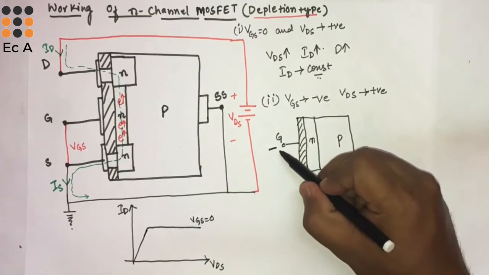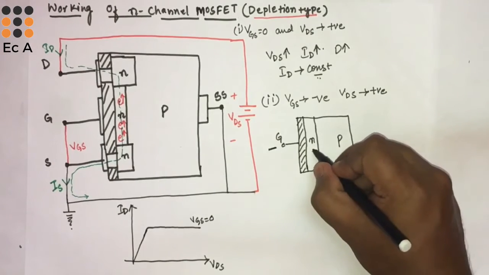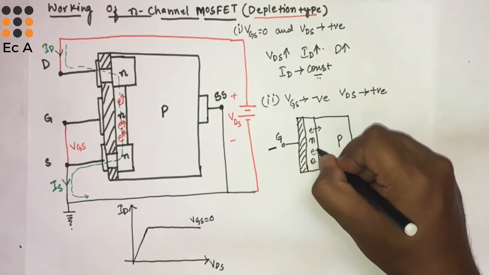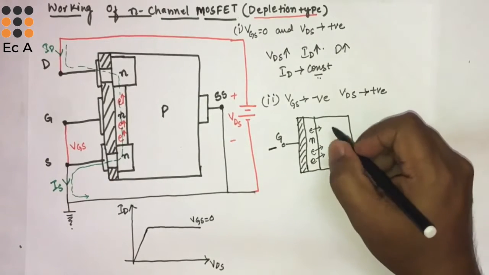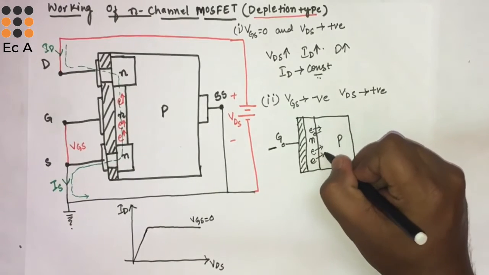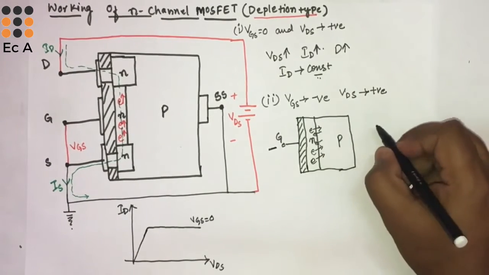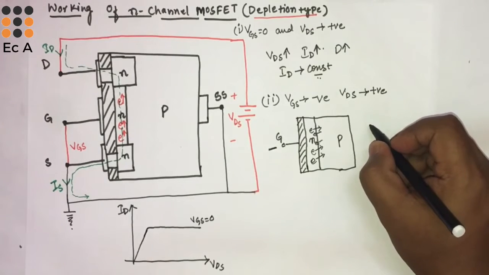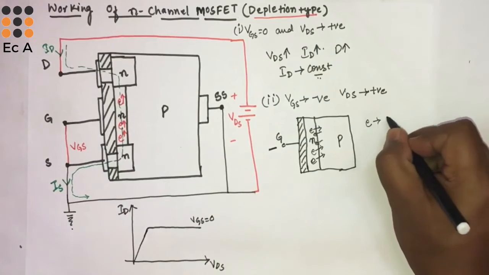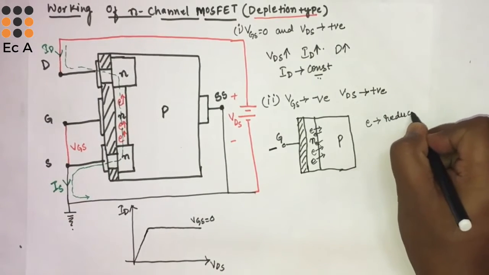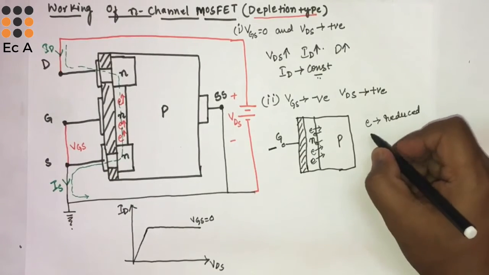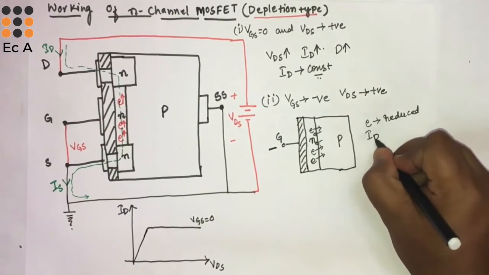Since we are connecting negative to the gate, the electrons present in the N channel will move into the P region, and the holes present in the P region will move into the N region. This will reduce the majority charge carriers in the N region, which means the electrons in the N channel will be reduced, and if the electrons are fewer, then the current will also reduce.